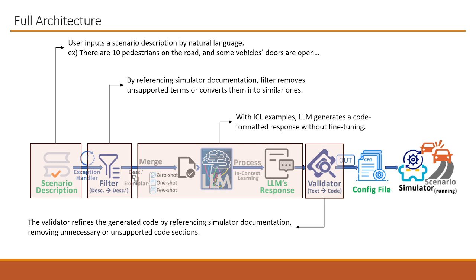The validator further refines the generated code by conducting a second verification step against simulator documentation. It removes or modifies any unnecessary or unsupported code sections that may cause errors during simulator execution.